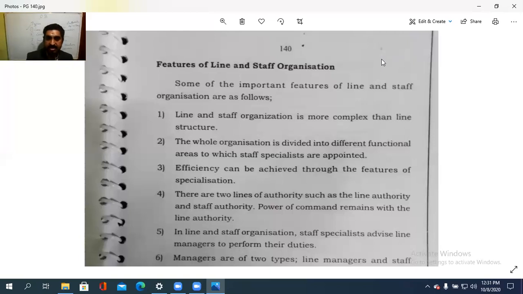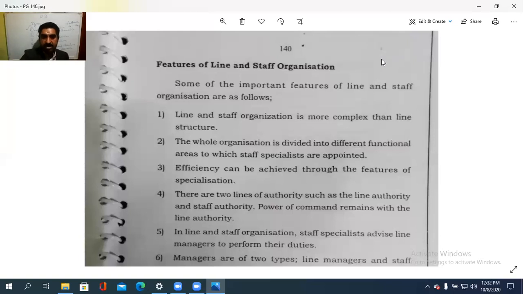Then in line and staff organization, staff specialists advise the line managers to perform their duties. That is what I said a little earlier. What is a good advantage in line and staff organization? Advice is given to the top level to do that work in that way. So in line and staff organization, staff specialists advise the line managers to perform their duties.